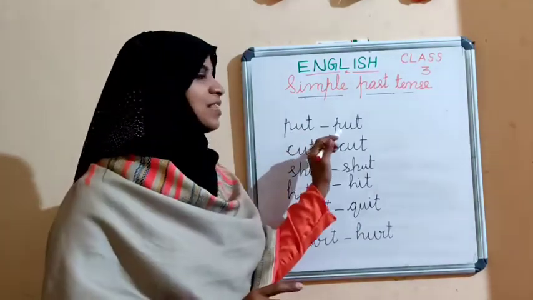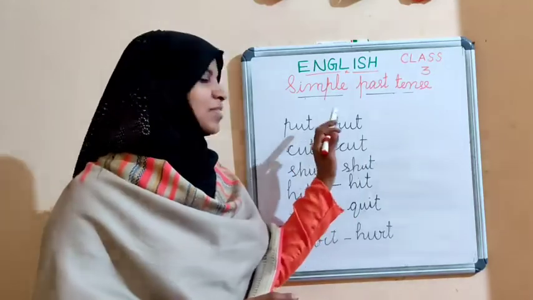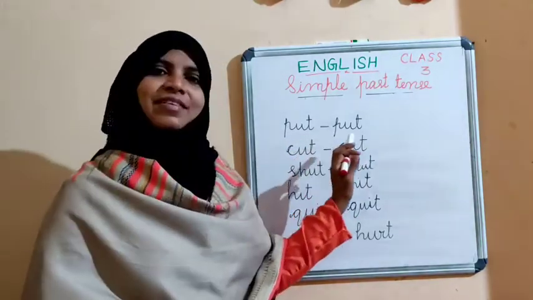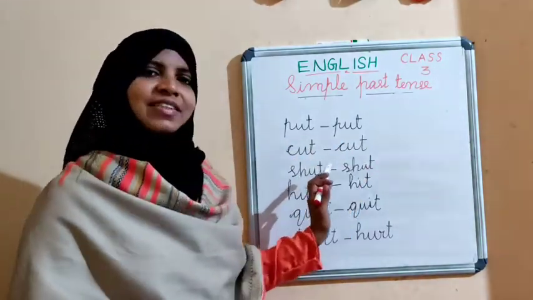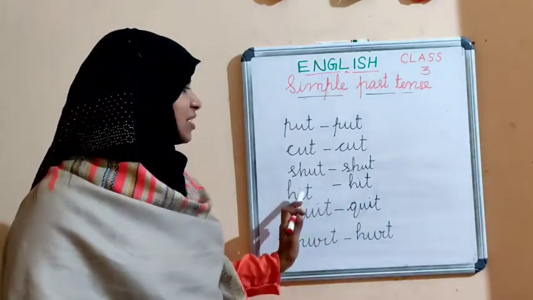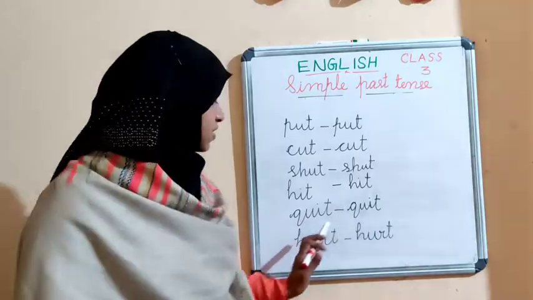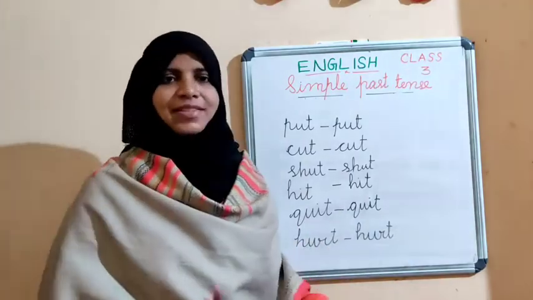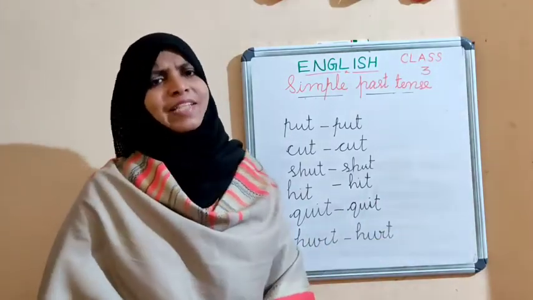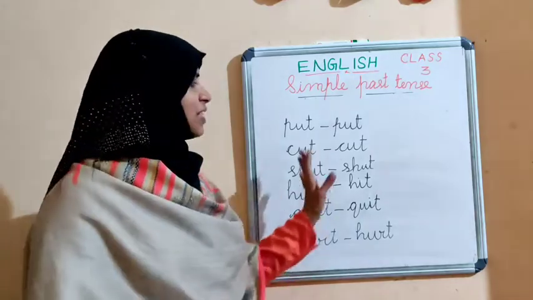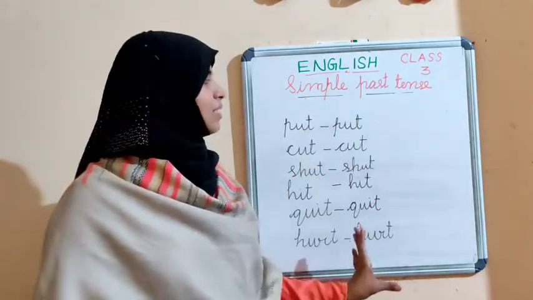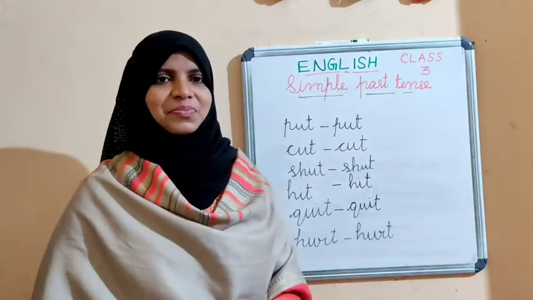And what is the past tense? Put only. Put, put. Cut, cut. Shut, shut. Hit, hit. Quit, quit. Hurt, hurt. More verbs are there. They never change their spelling in the past tense. Okay?